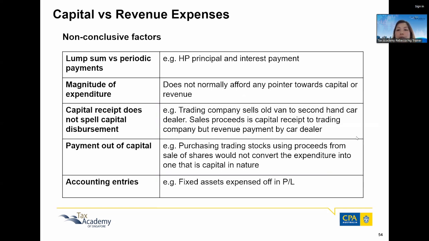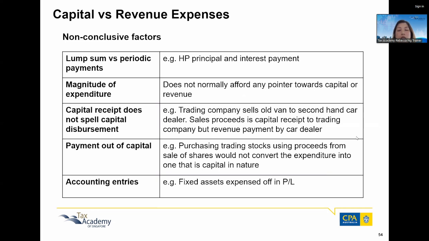They include lump sum payment versus periodic payment, and the magnitude of the expenditure. A capital receipt does not necessarily spell a capital disbursement. For example, a trading company sells an old van to a second-hand car dealer.